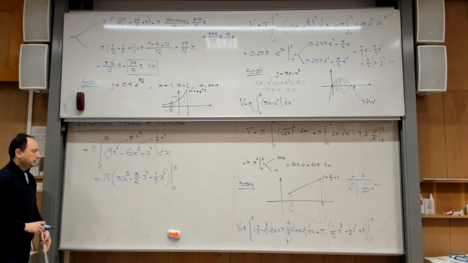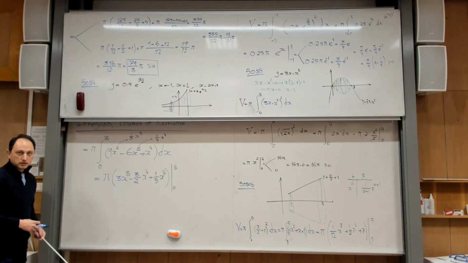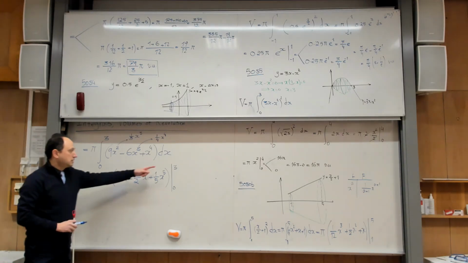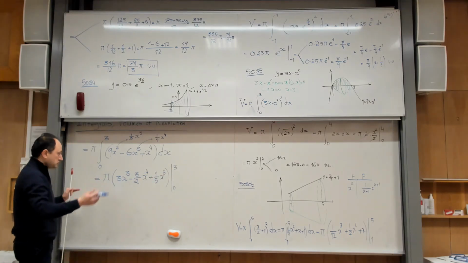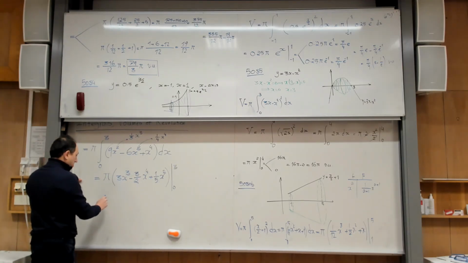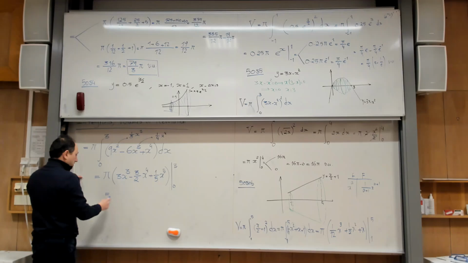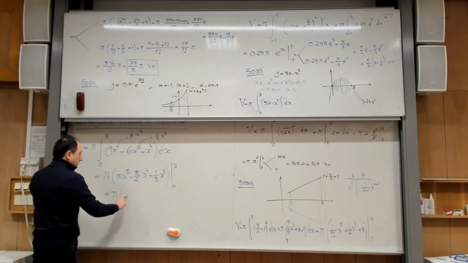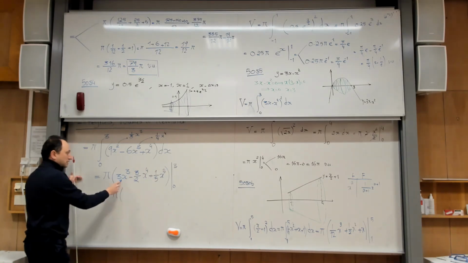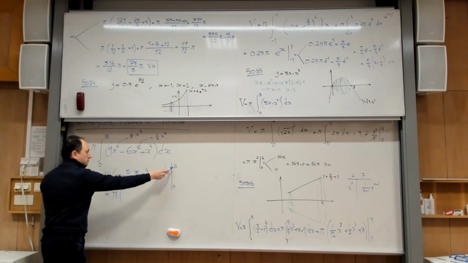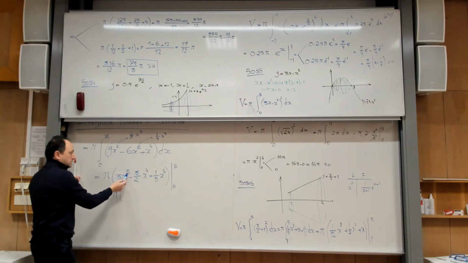Here, fortunately, we do not need to bother about the lower limit, because if I replace x everywhere with 0, I will get 0. So the only thing that matters is the number above. There is no subtraction involved, because that is subtraction by 0. So this becomes pi. I have to put 3 here. So let us do it in our head. If I put 3 here, 3 to power 3 is 27. Multiplied by 3 becomes 81.